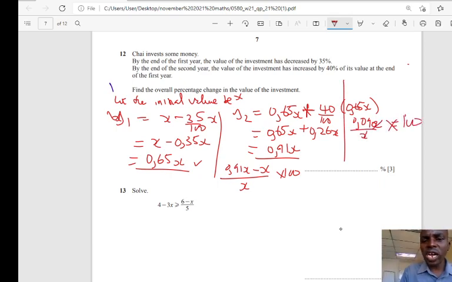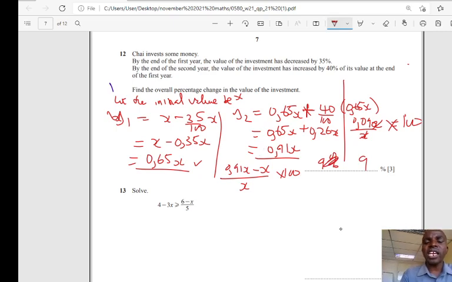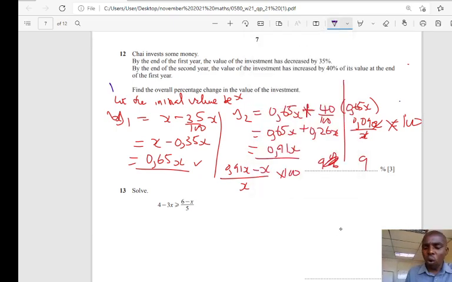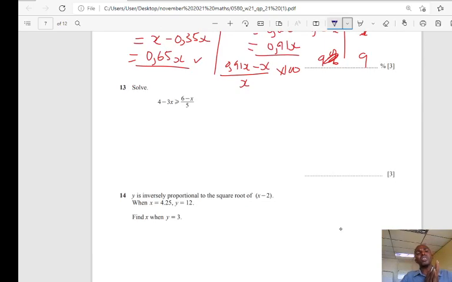Then x will cancel out. Then 0.09 times 100, you get 9%. The percentage sign is already there. 9% done. That's the overall percentage increase.